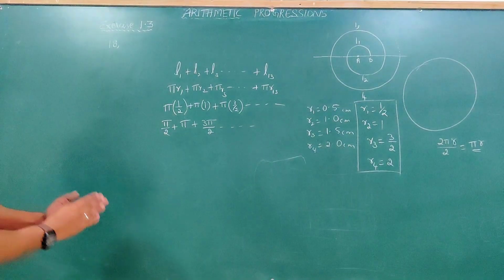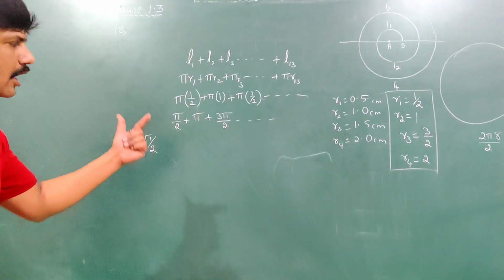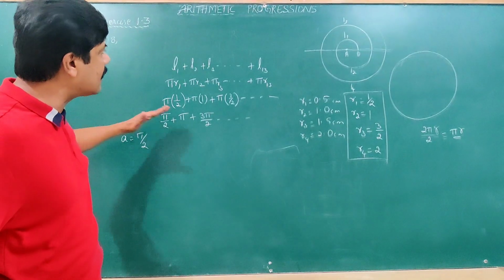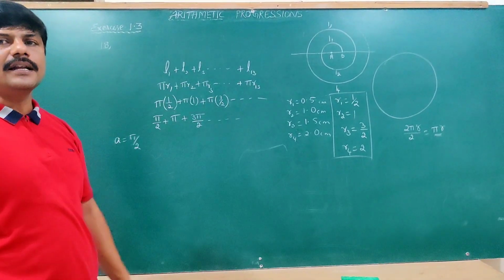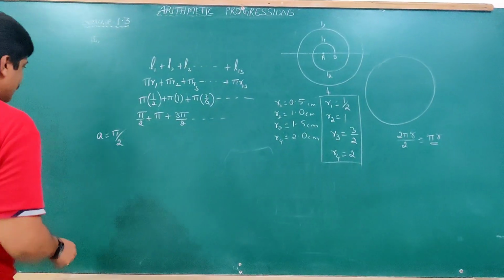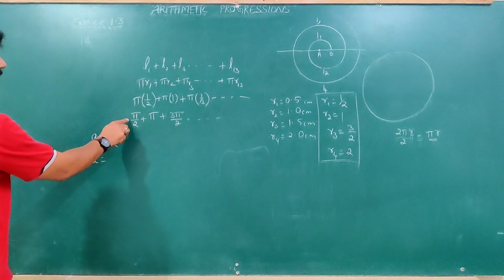Now the first term is a equals pi by 2, and you find the common difference. If you have a common difference, then you can directly say that this is an arithmetic progression, so that you can use the sum of n terms formula. Now see, the common difference is the second term minus the first term.